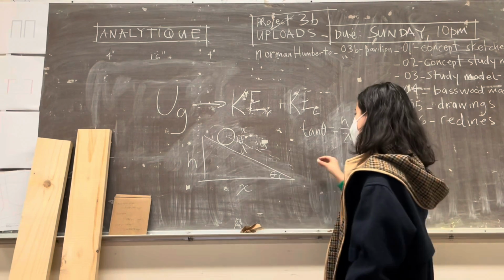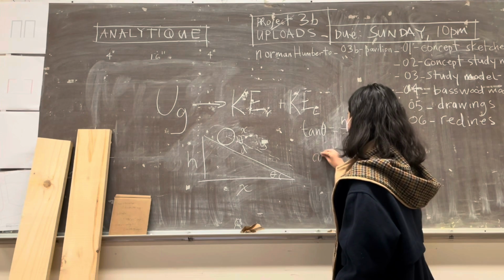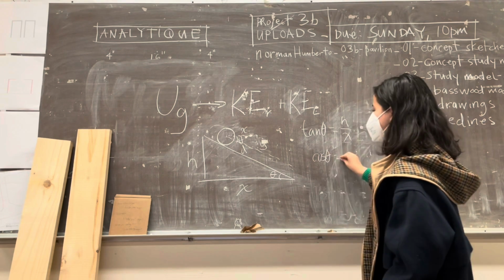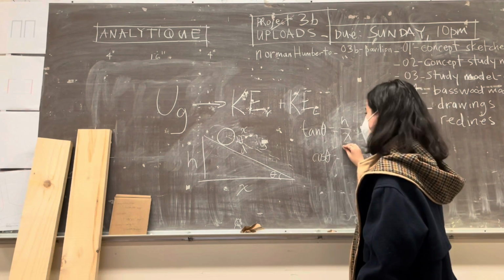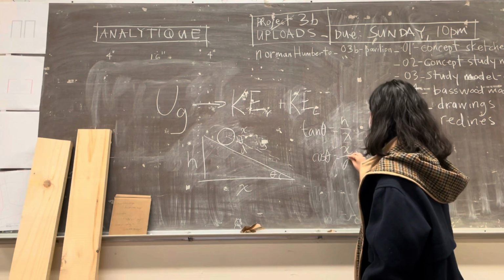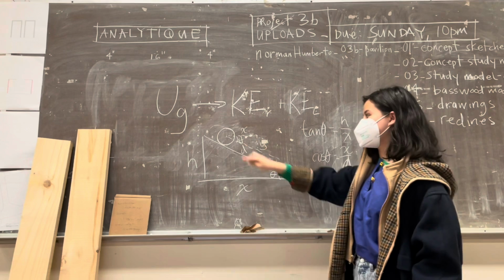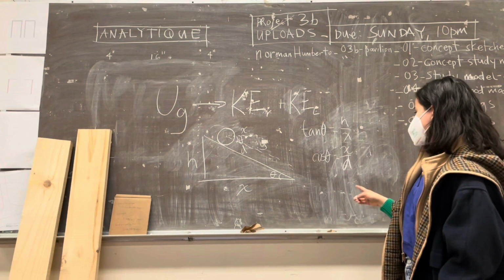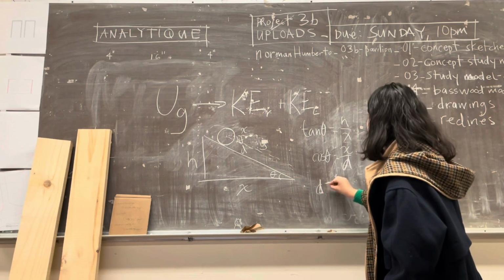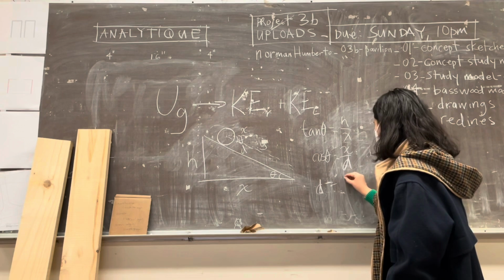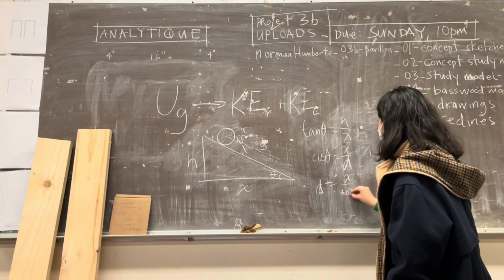And then we found d using cosine theta is equal to x over d in this triangle up here. And so using that, we were able to find that d is equal to x over cosine theta.